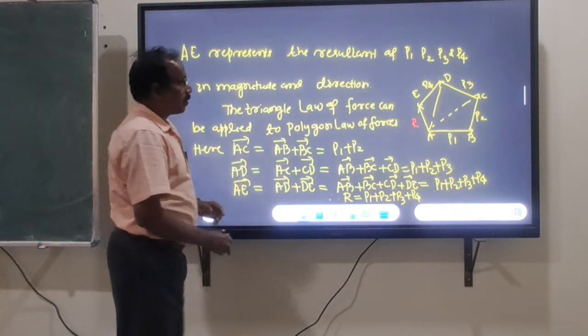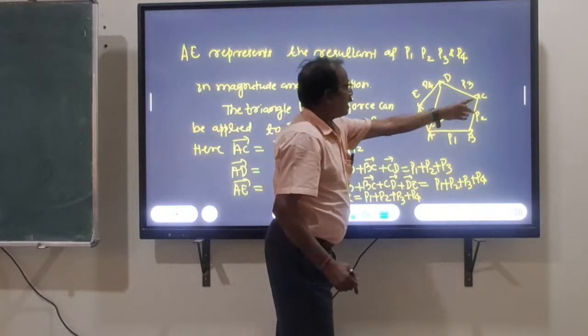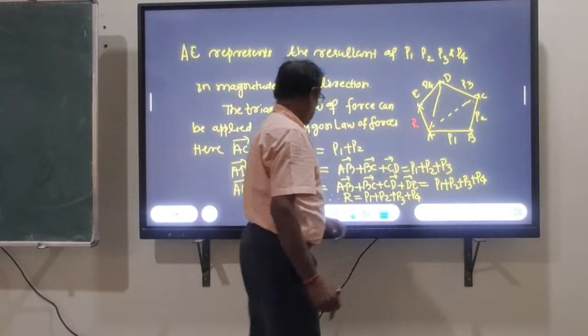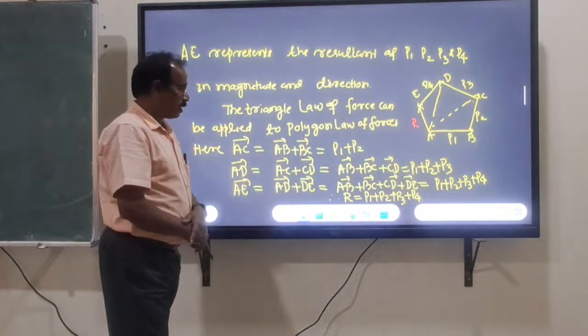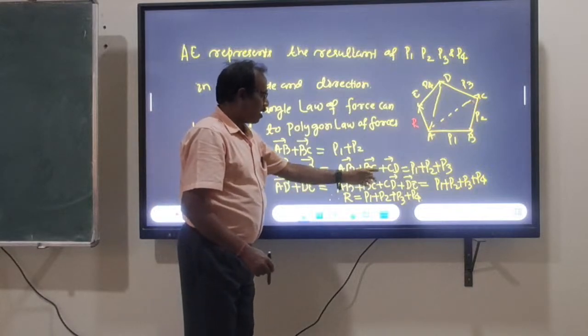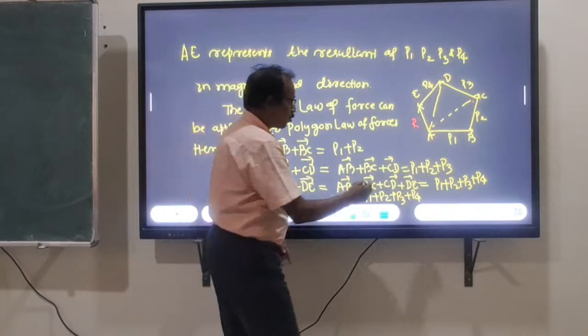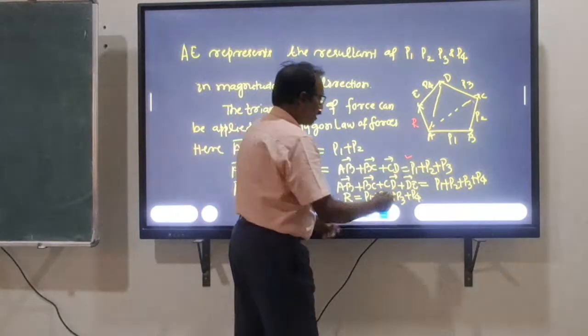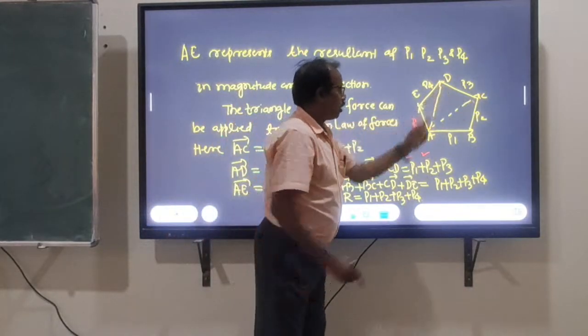Then AD is equal to AC plus CD. Here AD is equal to AC plus CD, so AD is equal to AB plus BC plus CD. You know that AB is equal to P1, BC is equal to P2 and CD is equal to P3.